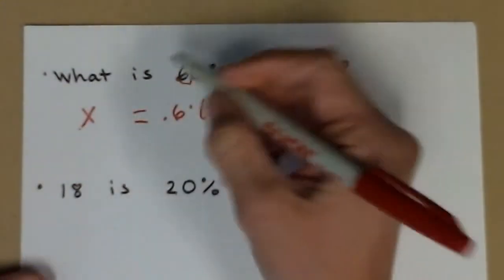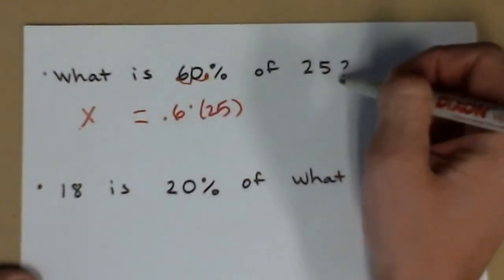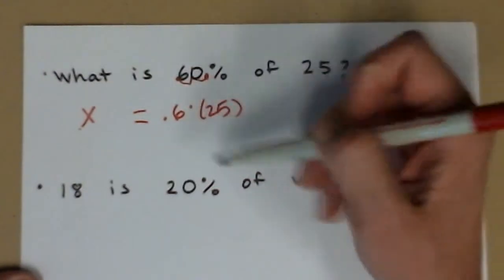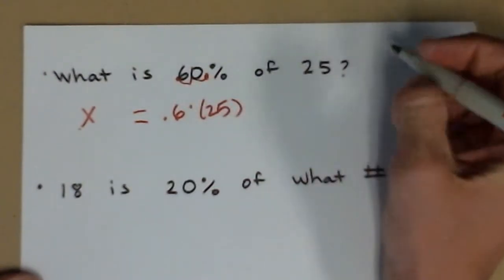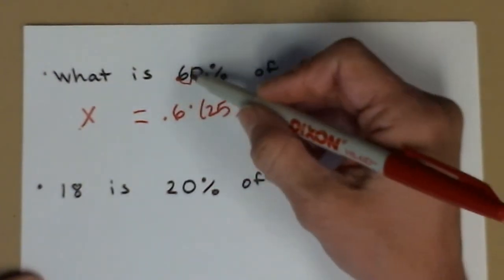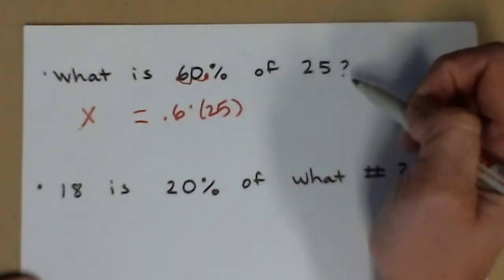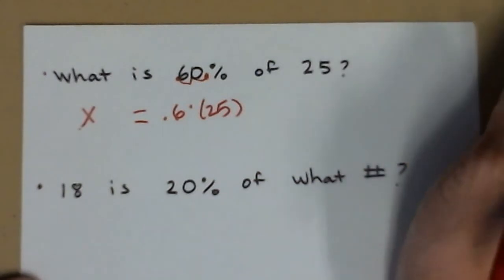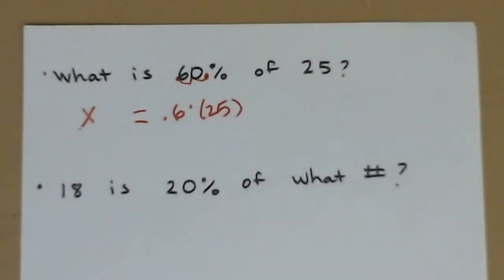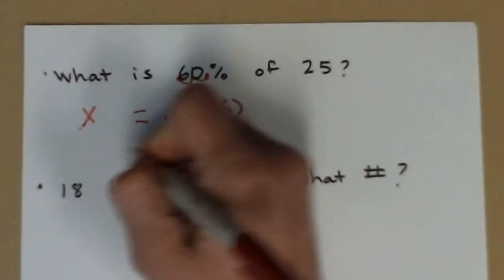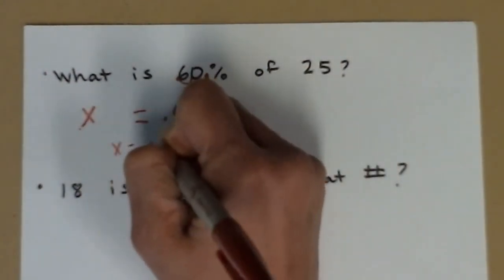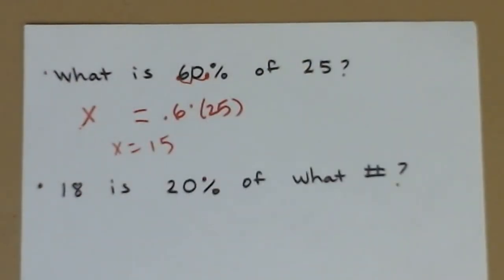So what is 60% of 25? You might do a little mental math to make sure we're getting something reasonable. 50% is half of 25, and 60% is a little bit more, so I should get something bigger than 12, somewhere in there. So 0.6 times 25 is 15. So 15 is 60% of 25.